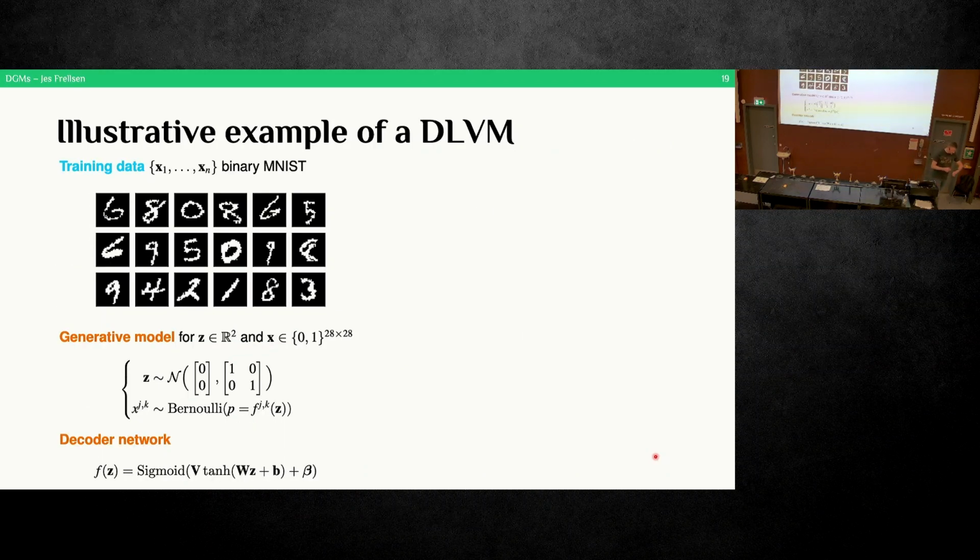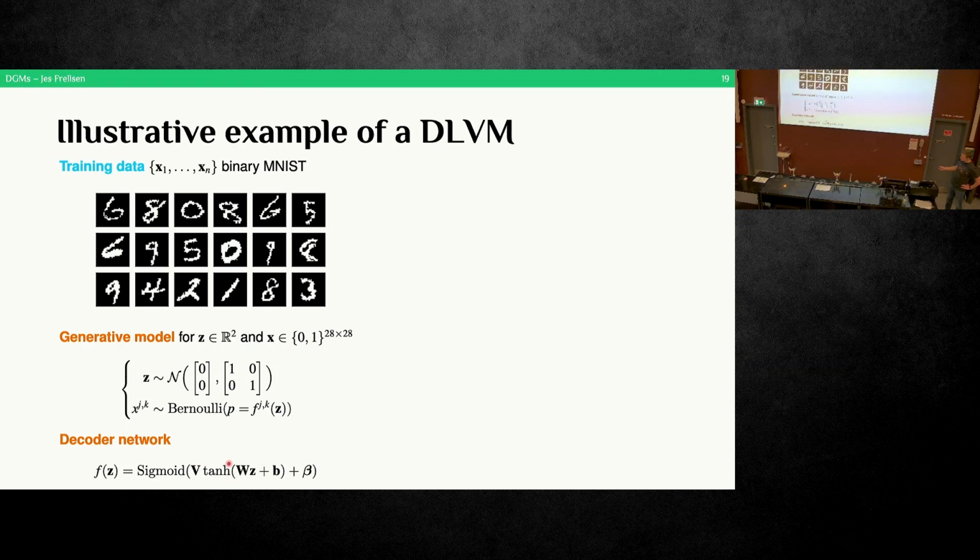Okay, so let me just illustrate the generative process in a deep latent variable model. Assume that our training data was binary MNIST that looks like this. The generative model assumes a 2-dimensional latent space. You see that the latent space is lower dimensional than the output space here, because the output space is a binary variable to the power of 28 times 28. The generative process would be that we sample our set from a normal distribution, then we run the set through this very simple decoder network.